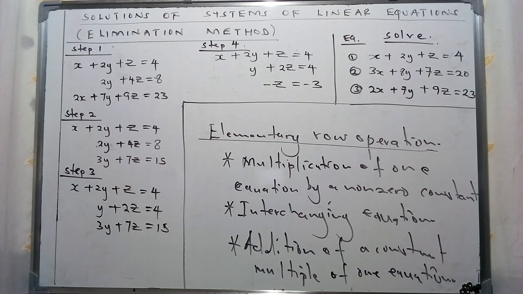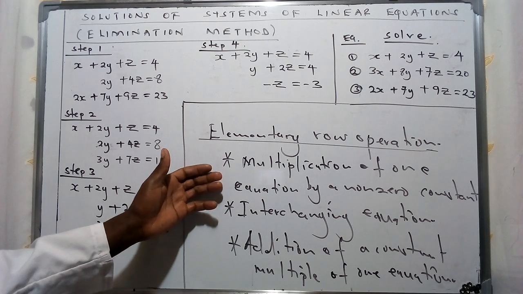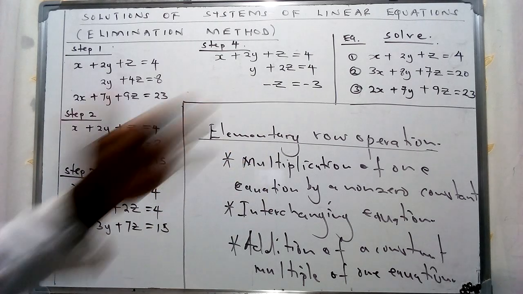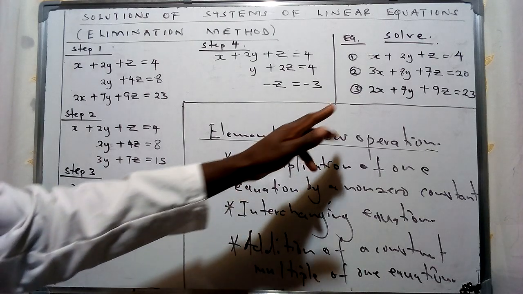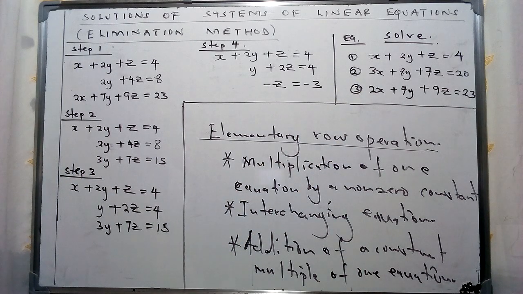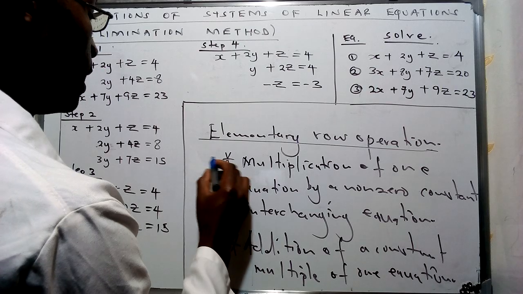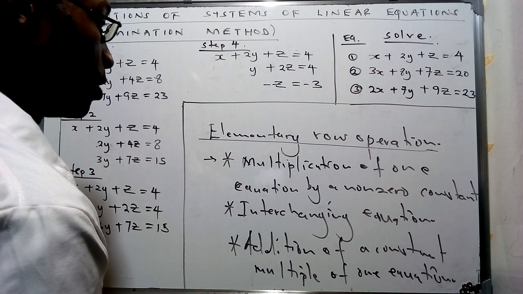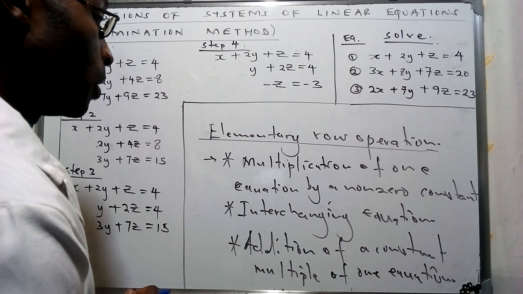Now in a sense, these are the basic three steps which we are going to be using to change this specific form of a linear equation, for us to obtain the values of the variables x, y, and z. And this is going to involve the concept of elimination. I've stated that we can achieve this by multiplication of one equation by a non-zero constant, which is going to be more elaborate from the evaluation which we are going to do.